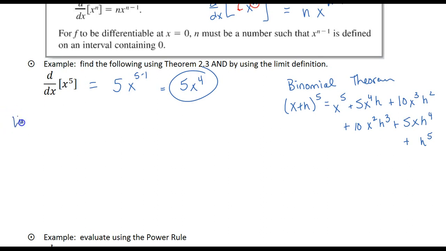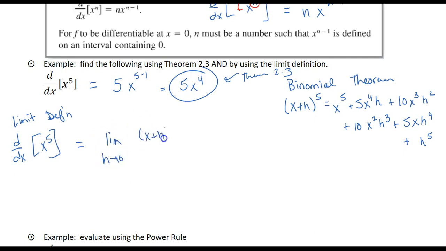So using the limit definition, remember this was theorem 2.3. Using the limit definition, the derivative with respect to x of x to the 5th would have to be the limit as h approaches 0 of x plus h to the 5th minus x to the 5th over h. So you can see where this comes in handy.